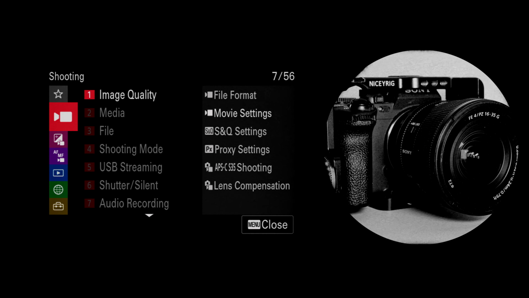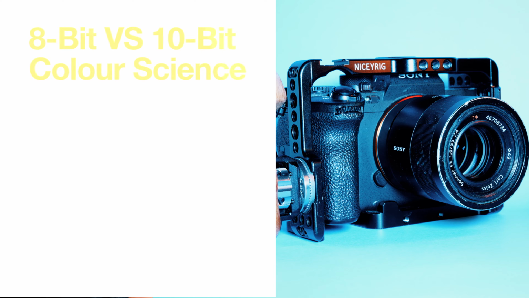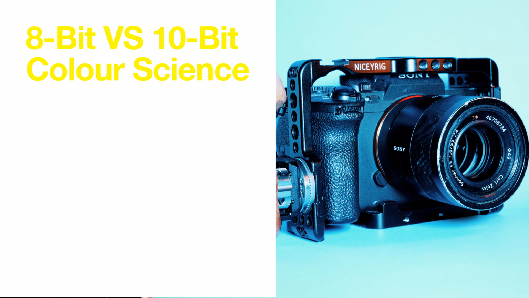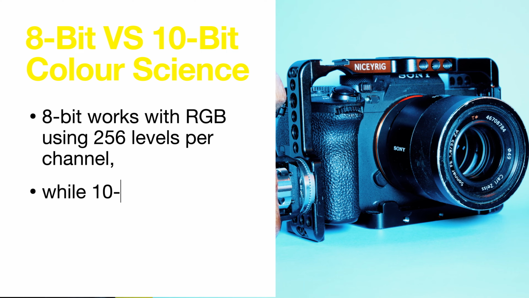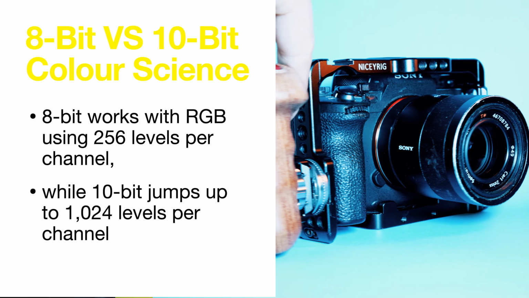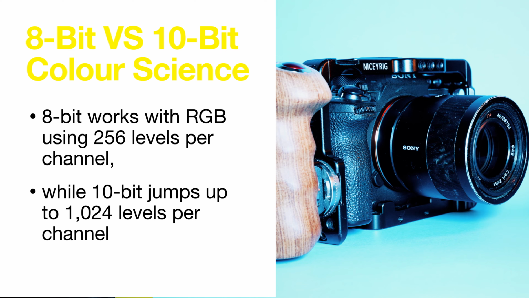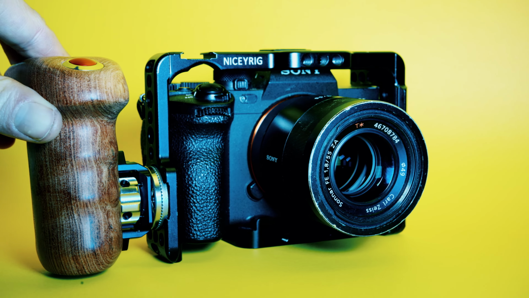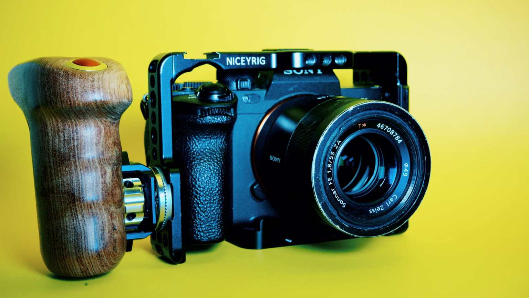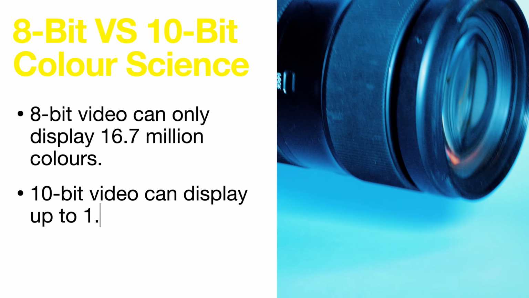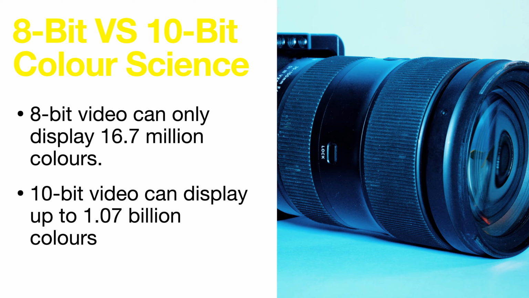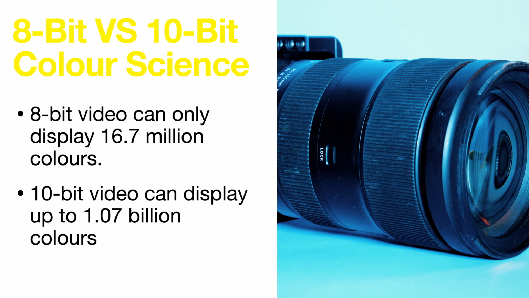When you're using 8-bit, you're only using RGB of 256 levels per channel, while the 10-bit jumps up to 1024 levels per channel. So this means that in an 8-bit image, it's displaying about 16.7 million colors, whereas with the 10-bit, you're displaying up to 1 billion colors. So much more in terms of what you're capturing in terms of the colors.